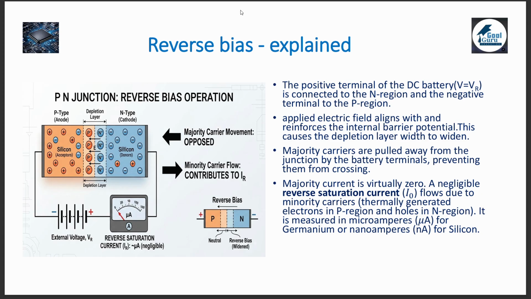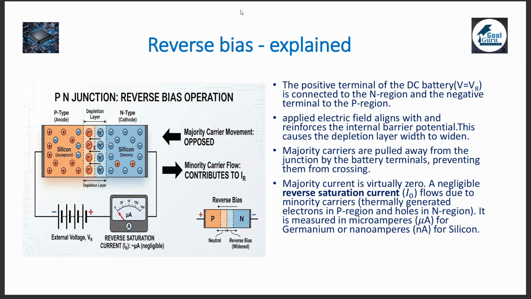In the reverse bias, we already know that the positive terminal of the DC battery is connected to the N region and negative to the P. The applied voltage here is denoted as V is equal to VR because it is for the reverse bias. This applied field aligns with and reinforces the internal barrier potential, giving rise to the widening of the depletion layer.